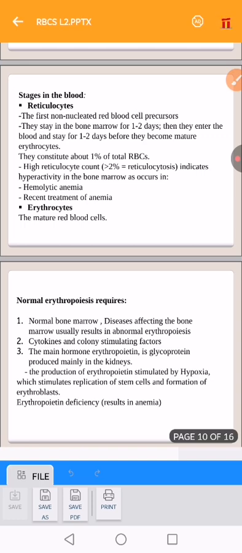So in the renal blood vessels, when we have hypoxia, either due to a low RBC count or a problem in the lung, this stimulates erythropoietin. So the stimulus of erythropoietin is hypoxia. Erythropoietin deficiency results in anemia.